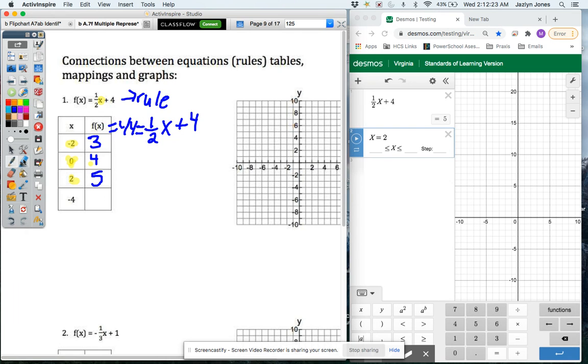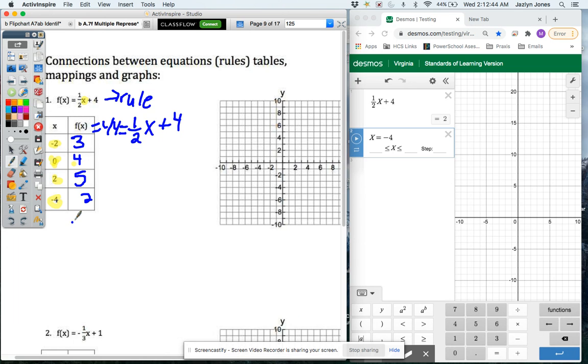And the next one I got is a -4. So when I have -4, I got a +2. Okay. So with these points, they give me ordered pairs, -2, 3. So I'm going to go to my graph. That was my table.